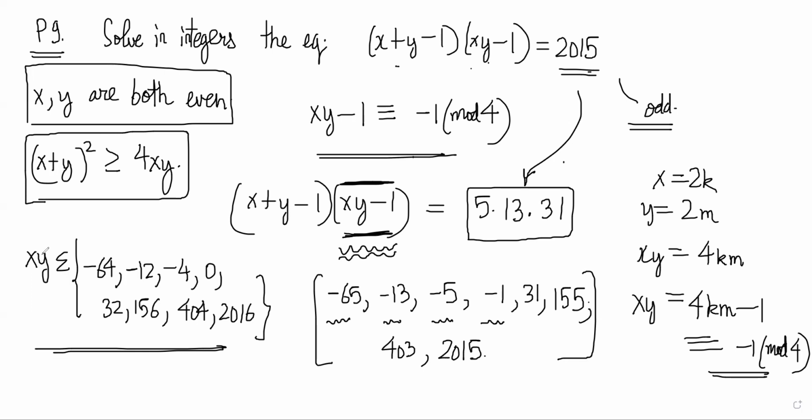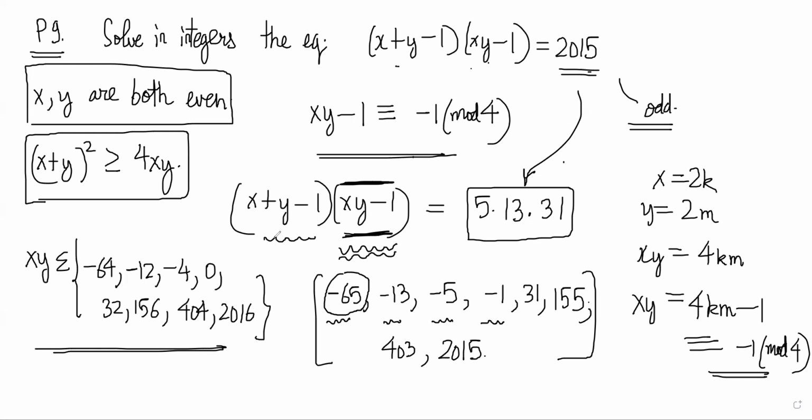If you think of the case where xy minus 1 was -65, then what is the other factor? The other factor is -31, then only you will get this product. So in that case, x plus y minus 1 is -31, so x plus y is -30.